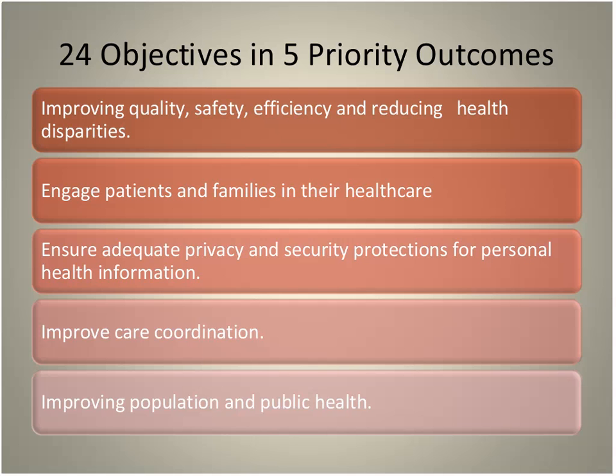So those are the 5 priority outcome areas, and really are used just to talk and set a framework for what specific objectives ought to be included in the EHR incentive program by stage.